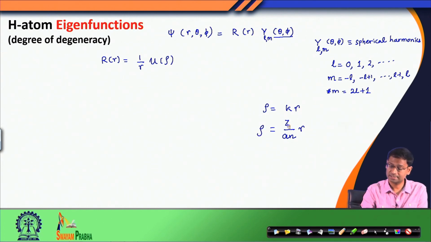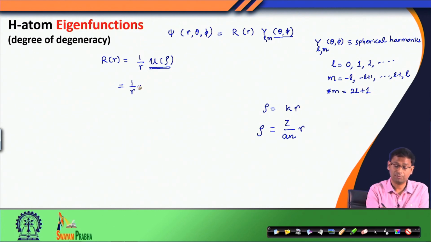So, rho is Z over a n times r, and I have this function u, which is a function of rho. We derived the form of u by looking at its asymptotic solution at very low values of r, at very high values of r, and the main body of the problem.